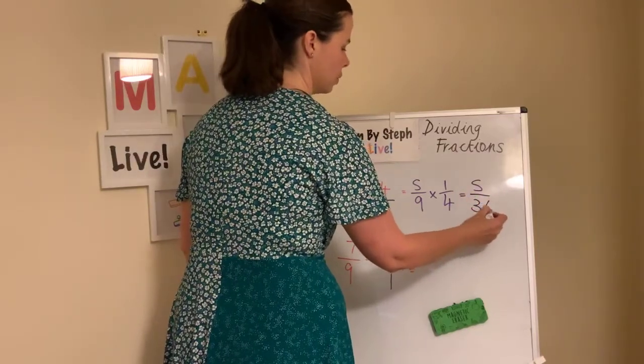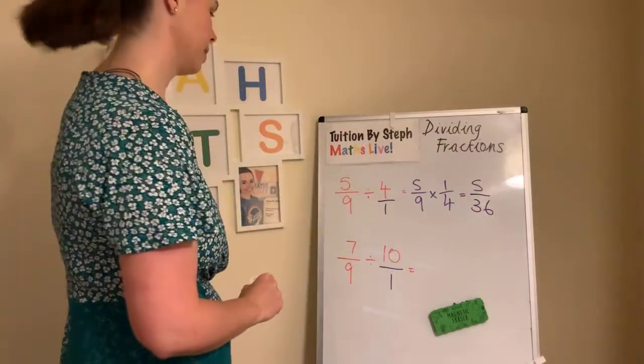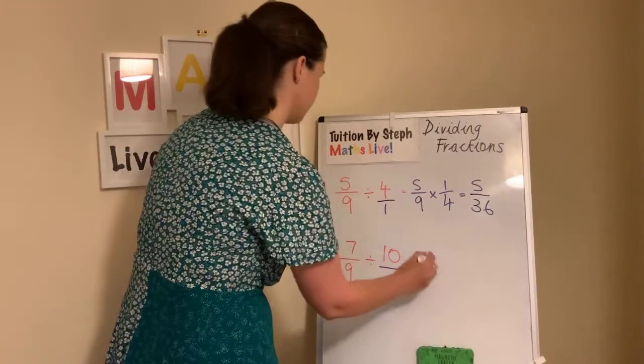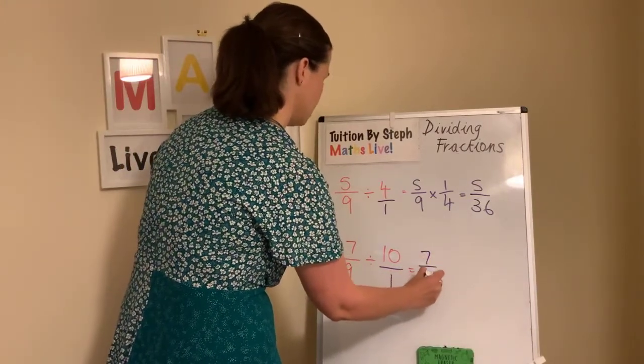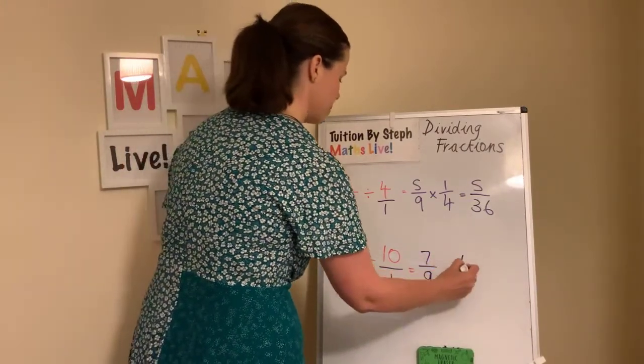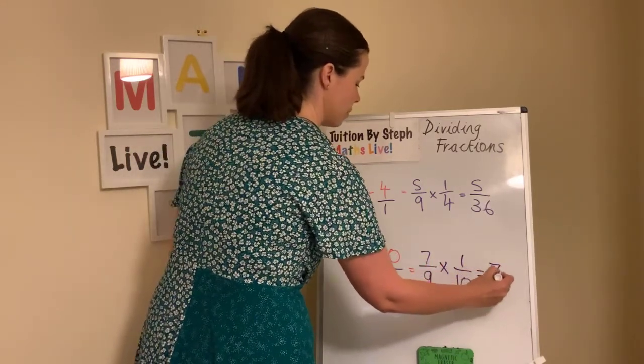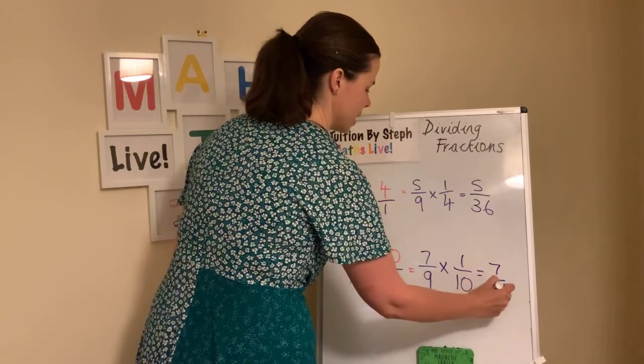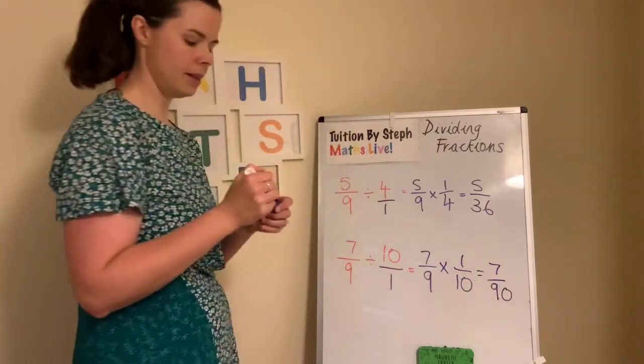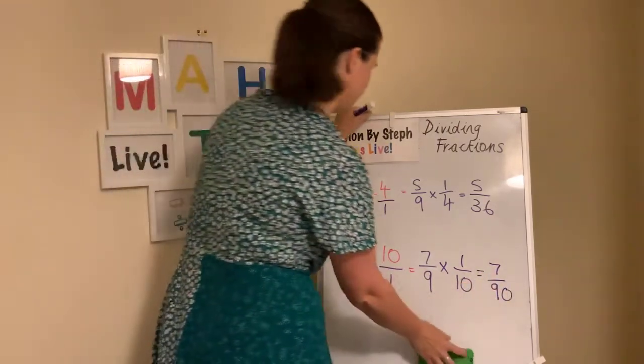And 9 times 4 is 36. And again, so with this one, keep. Okay, flip, change. So 1 times 7 is 7, and 9 times 10 is 90. Okay.